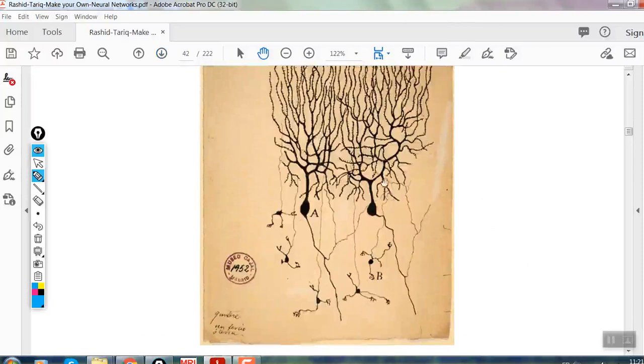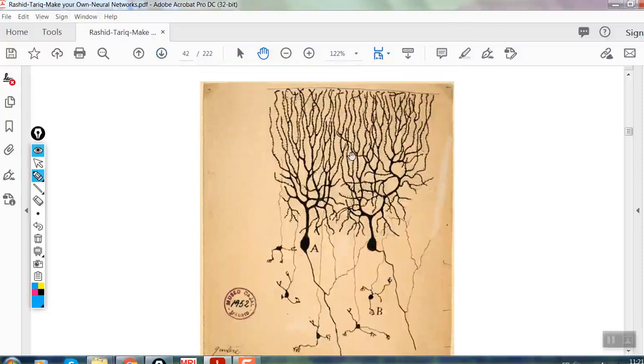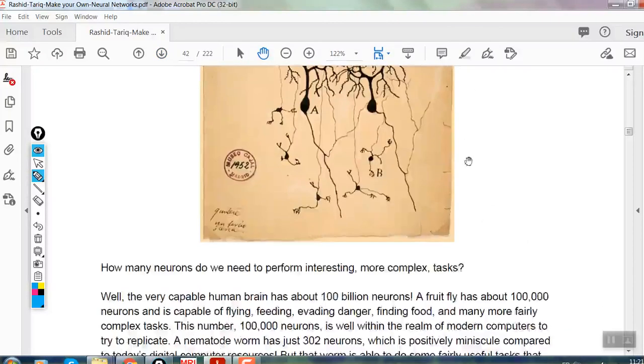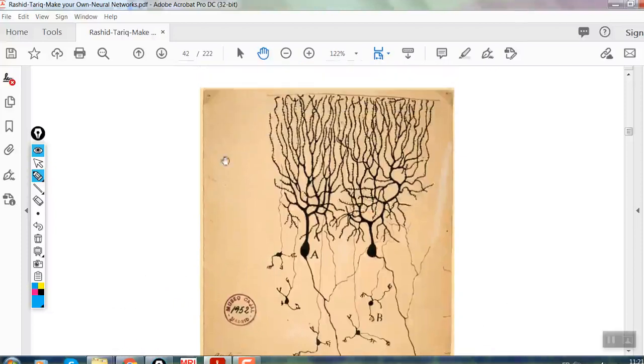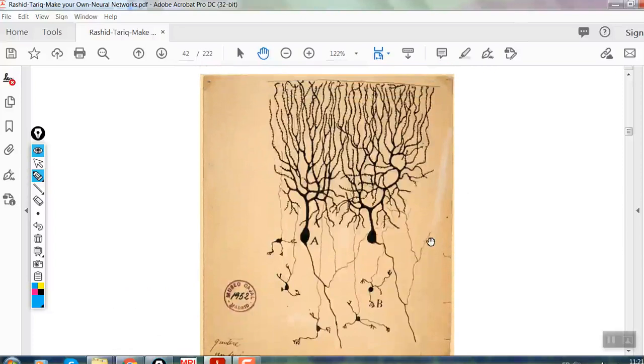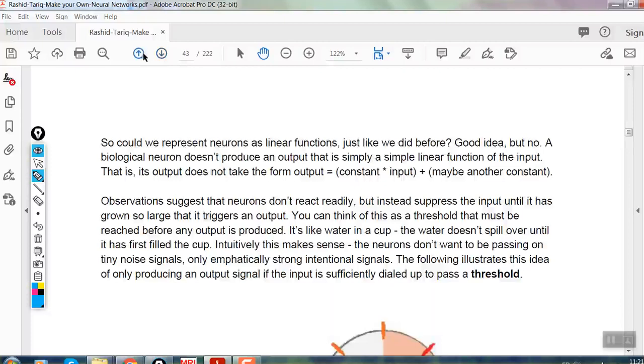This is the neurons of some kind of bird. This is so interesting. For a bird also, the neurons have axon, dendrites, and terminals.